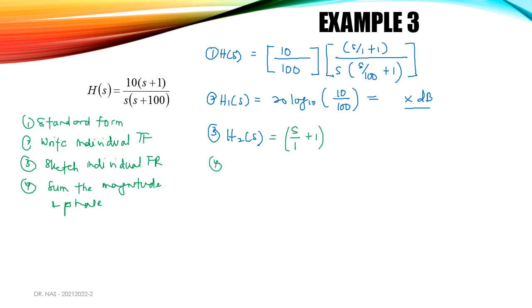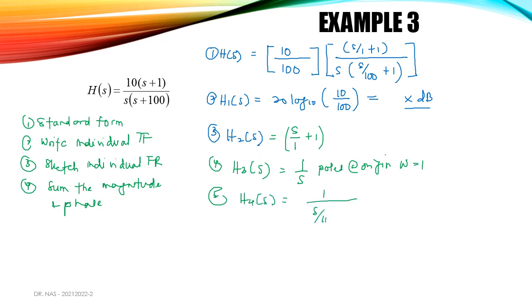The fourth one, you have at the bottom 1 over s, so this is poles at origin. Remember, origin is omega equal to 1. And then you have poles at 100, so H4(s) equals 1 over s over 100 plus 1.